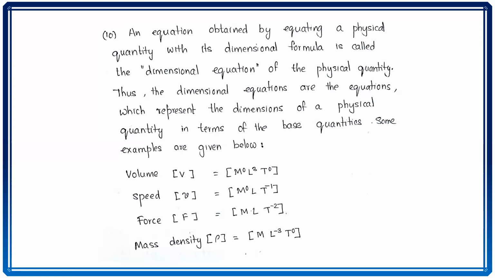Once again I repeat, write the dimensions, that is M to the power of x, L to the power of y, T to the power of z, and keep it in a square bracket; that is called the dimensional formula. When you equate the dimensional formula with the physical quantity, writing the physical quantity in the LHS and the dimensional formula in the RHS, then we call it a dimensional equation.